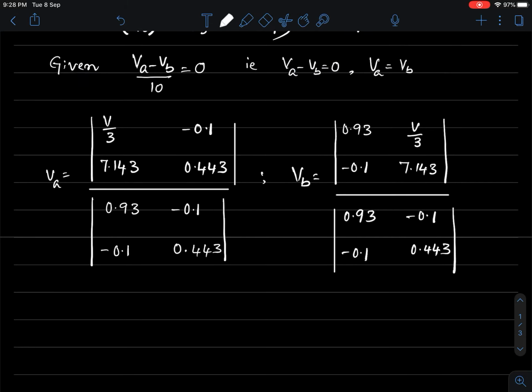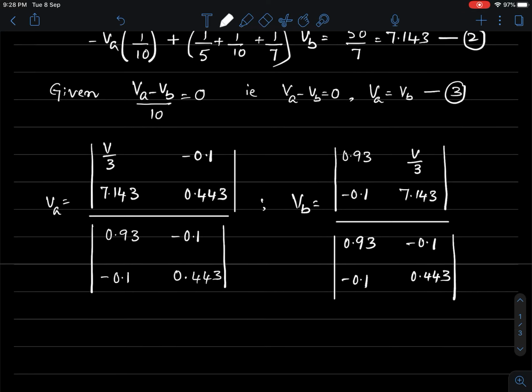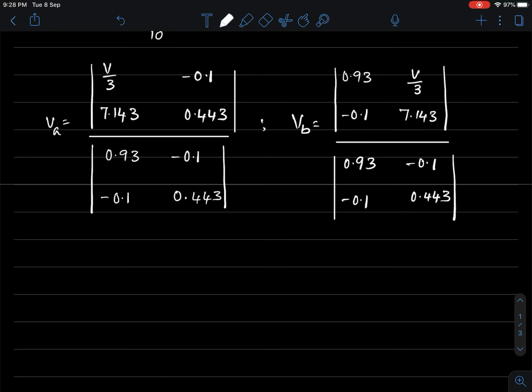Now, we will put this in equation 3. We will call this equation 3. We will try to substitute the value of VA and VB in equation 3. What will happen? Let's try to write equation 3.